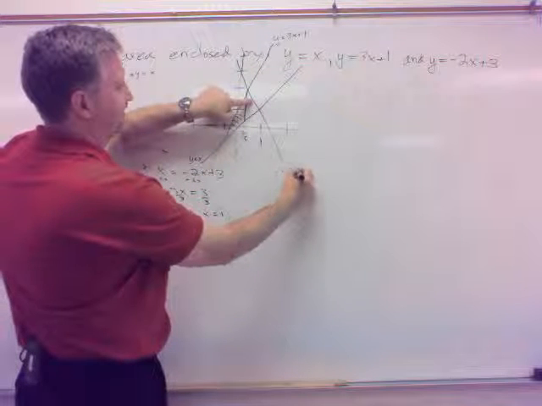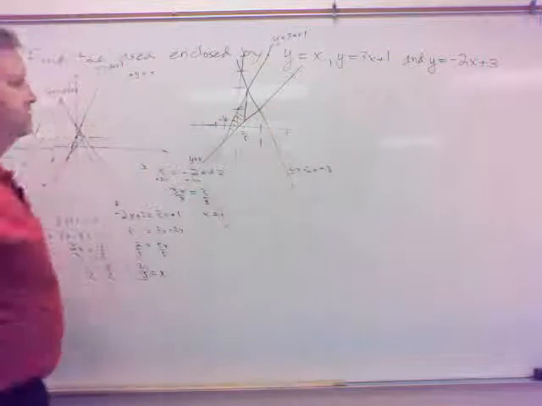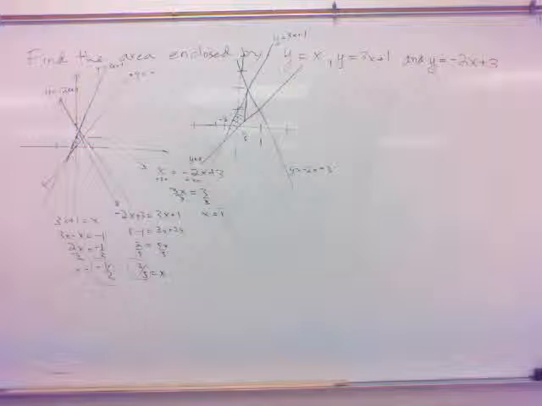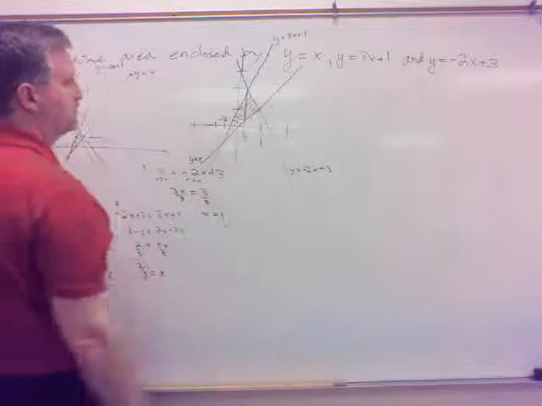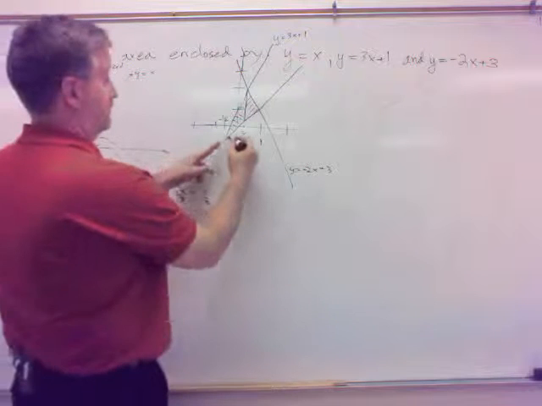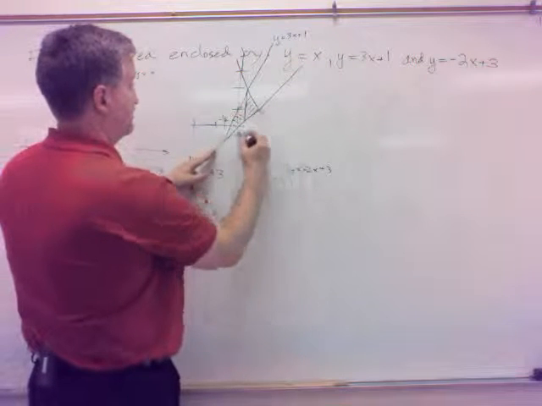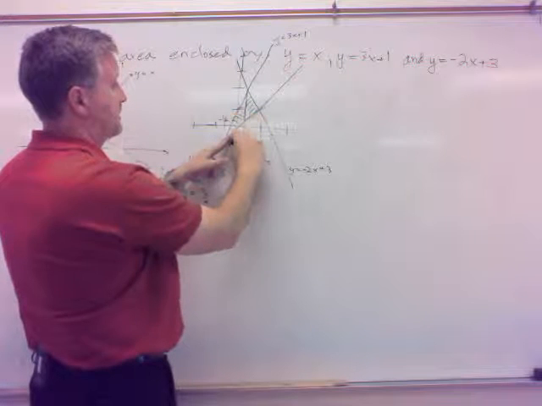Y equals negative 2x plus 3 is on top, and on bottom is y equals x. Why isn't y equals x on top? They both go up. Right here, y equals x is on bottom in both cases, isn't it? This is on top, that's on bottom.